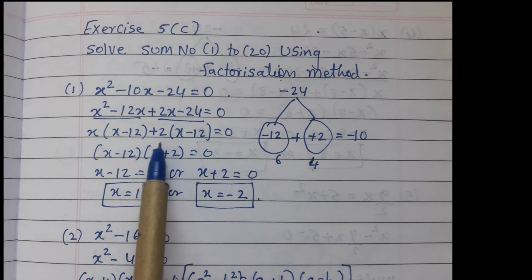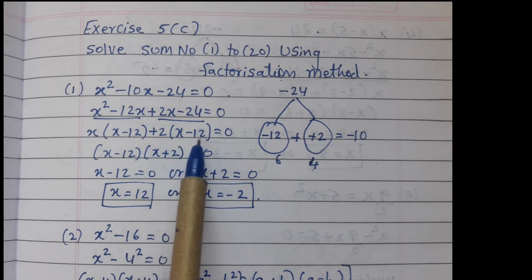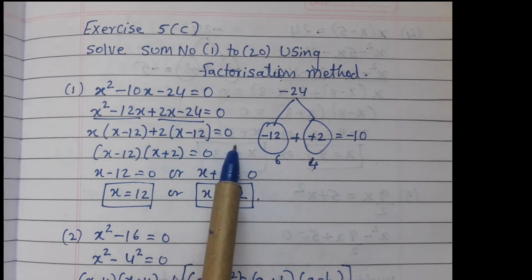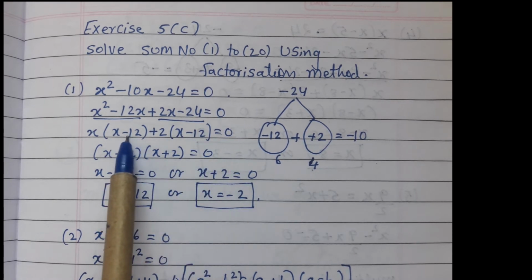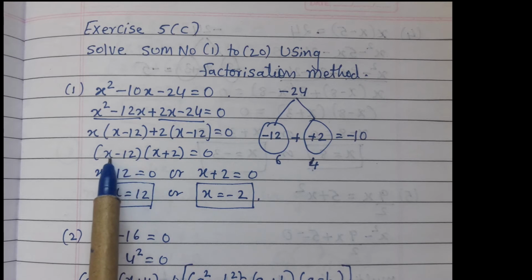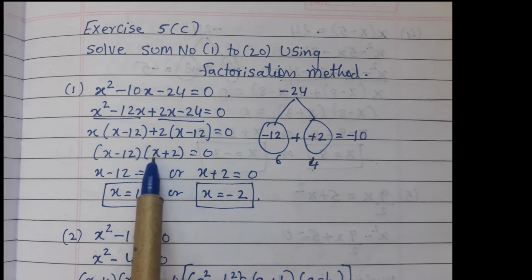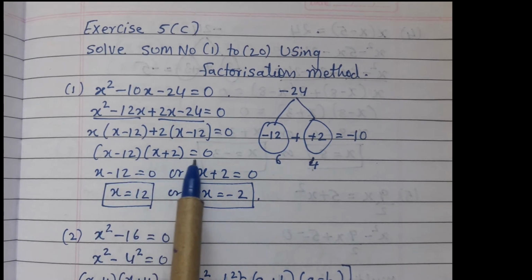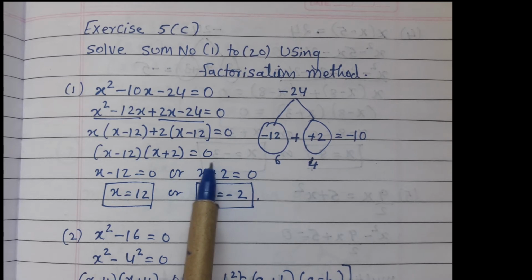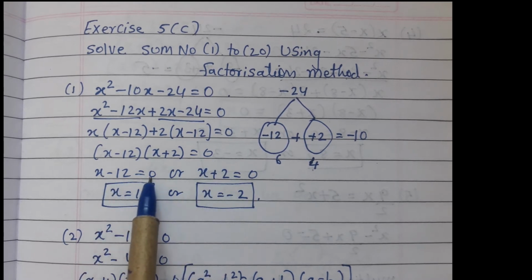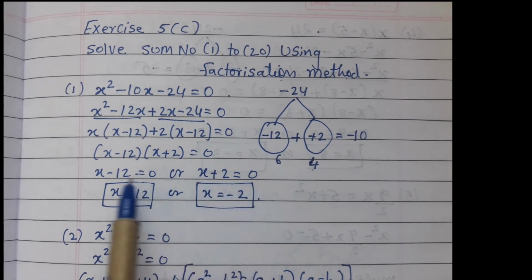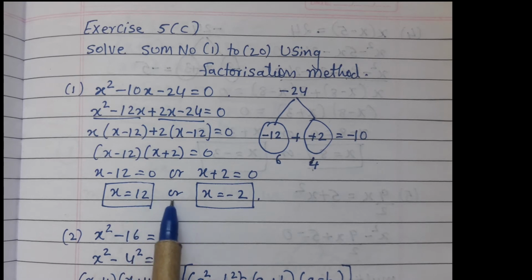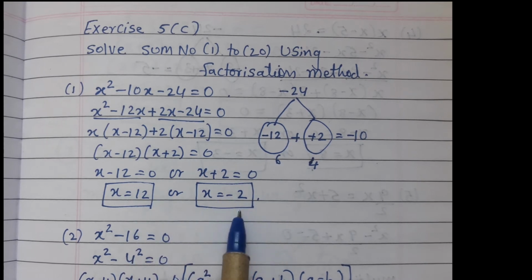In this, 2 is common. x minus 12 is equals to 0. Now in these two terms, x minus 12 is common. What is remaining? x plus 2 is equals to 0. So x minus 12 is 0 or x plus 2 is 0. x minus 12 is 0 means x is equals to 12 or x is equals to minus 2.